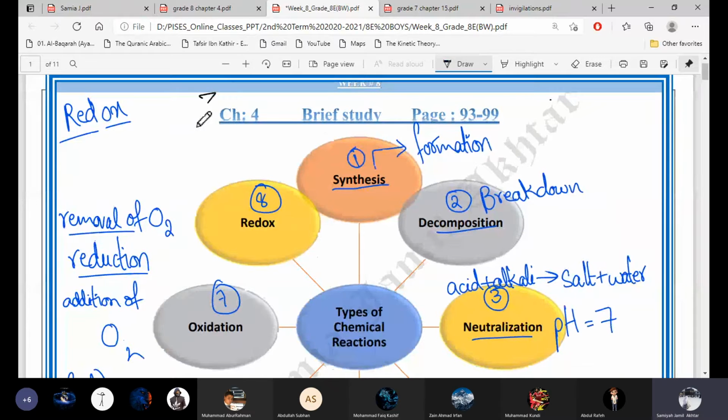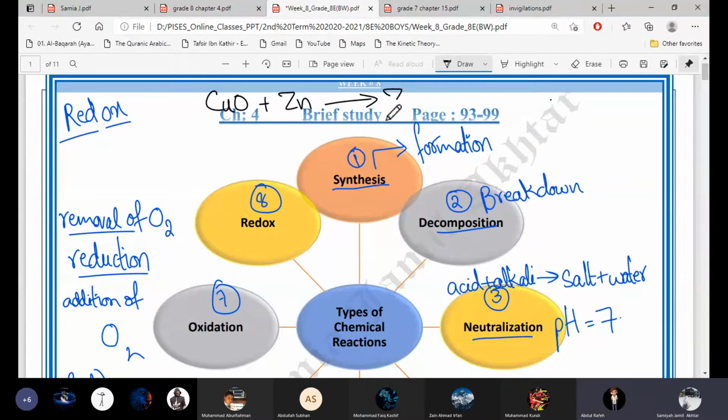For example, CuO plus Zn. It seems a simple displacement reaction, where Zn is more reactive, so it will take the place of copper and form ZnO plus Cu.